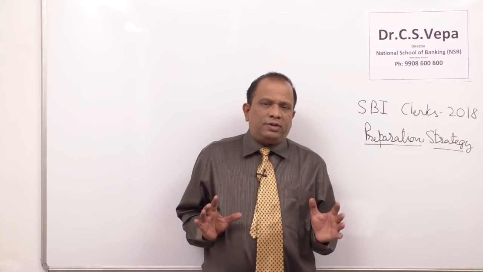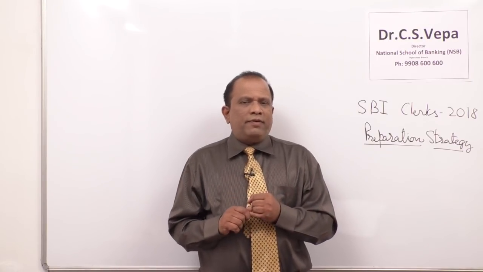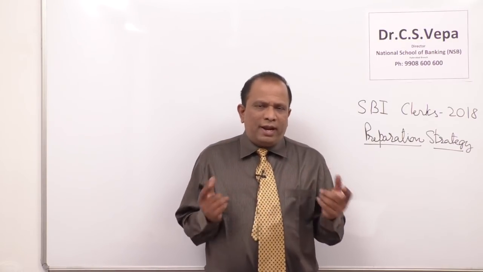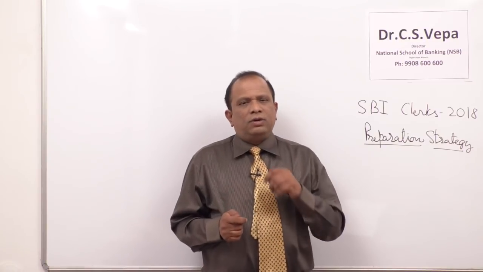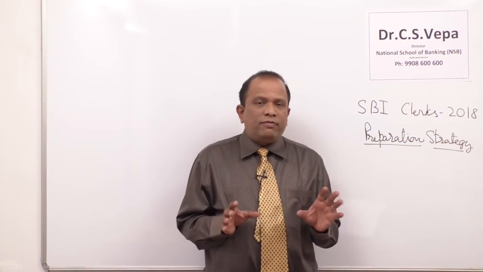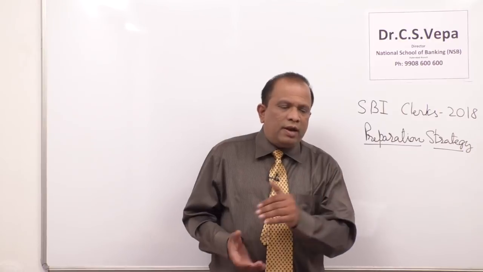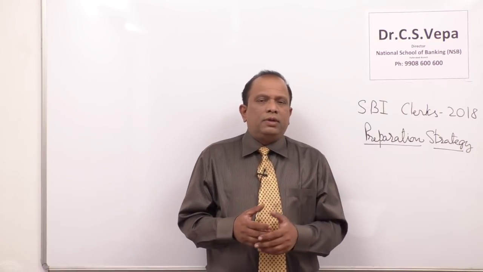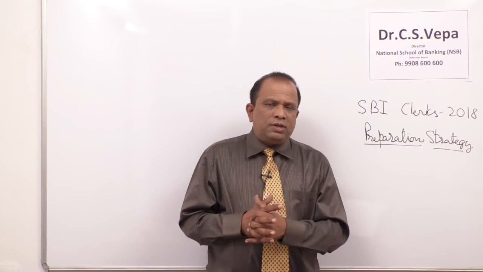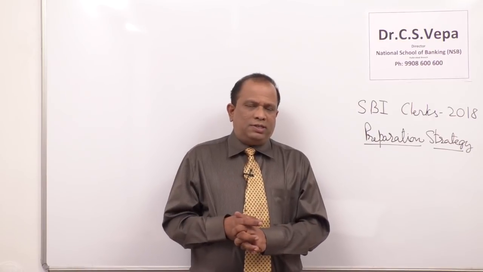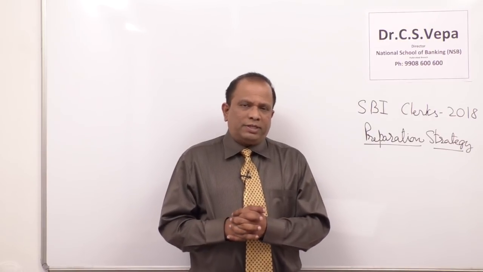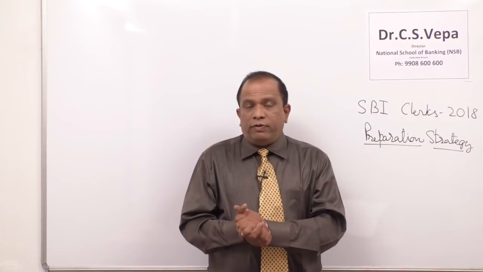General awareness and financial awareness are based on facts, so you won't take much time in recollecting the fact. Normally you take very little time, so they have given less time for that. For the remaining, English is also more fact-based, but many people find it difficult to answer because they don't have much reading habit. So for that also they give 52 seconds.